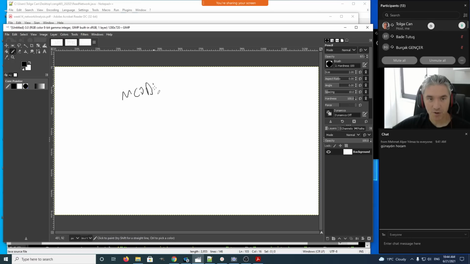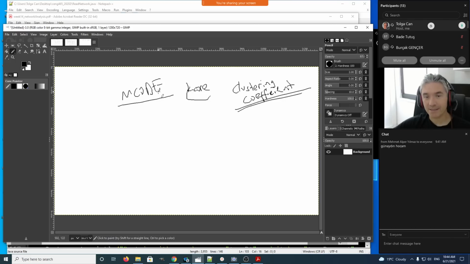So it's called MCODE. We will see concepts like K-core and clustering coefficient. It uses a measure which integrates the clustering coefficient with the K-core coefficient. So we are going to see these graph centrality measures, clustering coefficient, and MCODE, which is molecular complex detection.